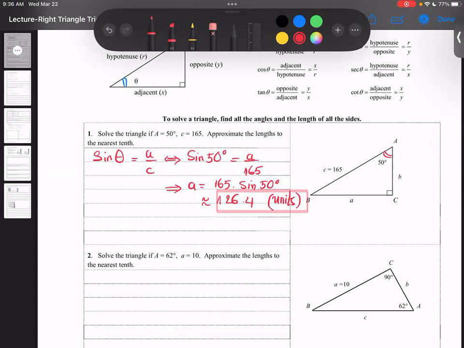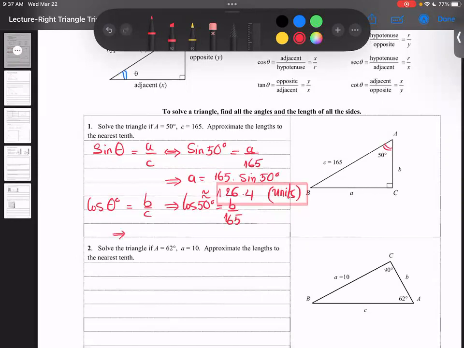For B, I'm going to use cosine of theta equals what divided by what? Yeah, B divided by C, right? So cosine of 50 degrees equals B divided by 165.